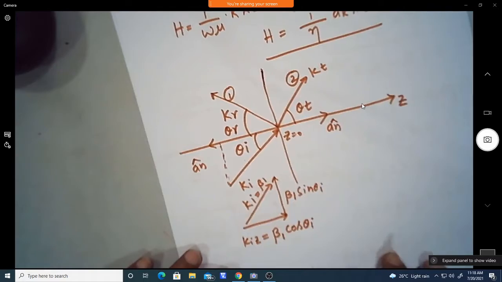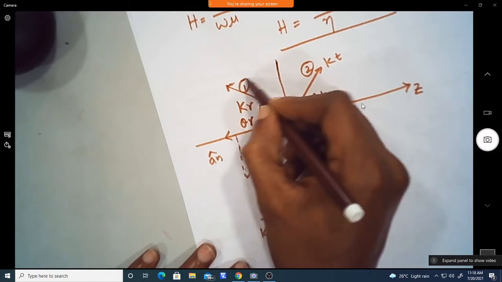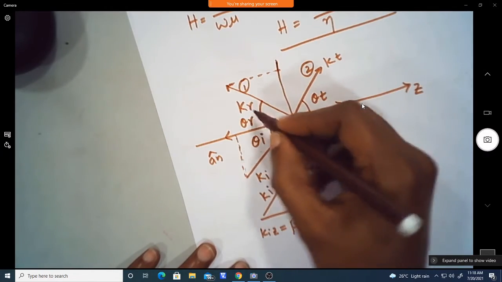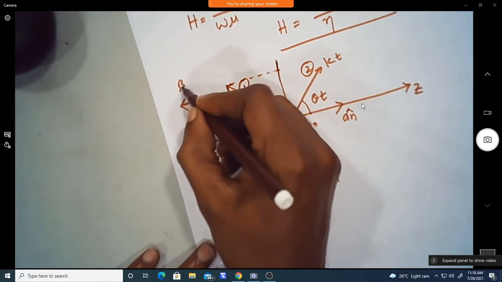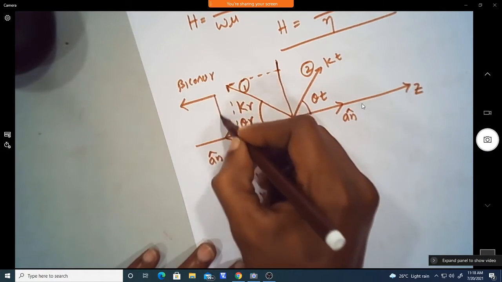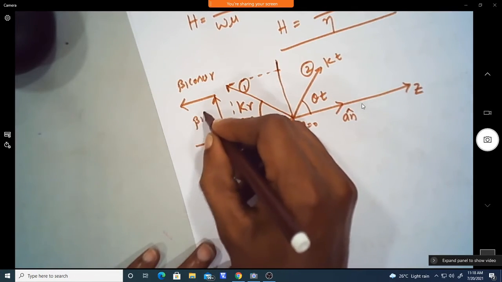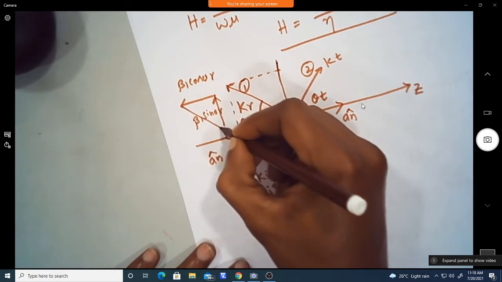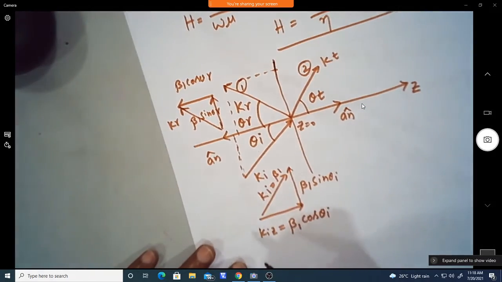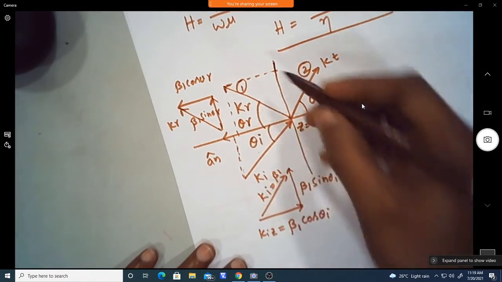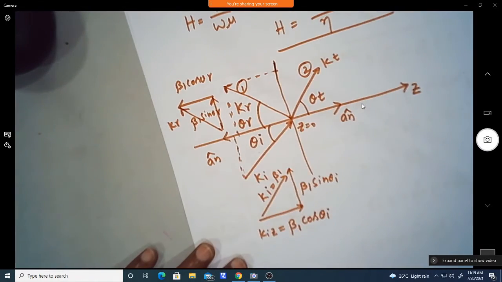Similarly, we can express the reflected propagation vector with respect to theta r. The tangential component is beta 1 cos theta r, and the normal component is beta 1 sin theta r, opposite to that.